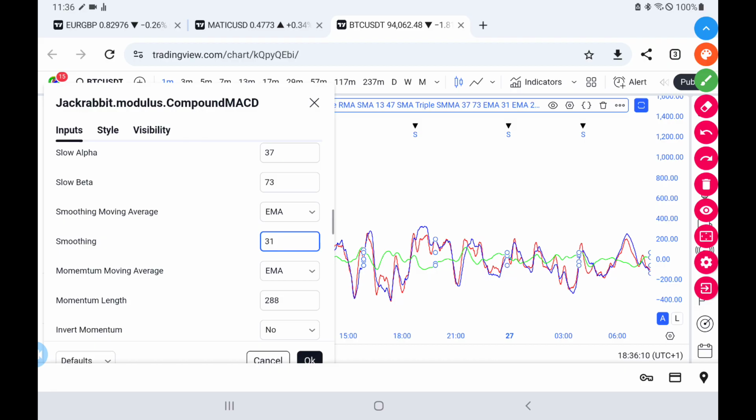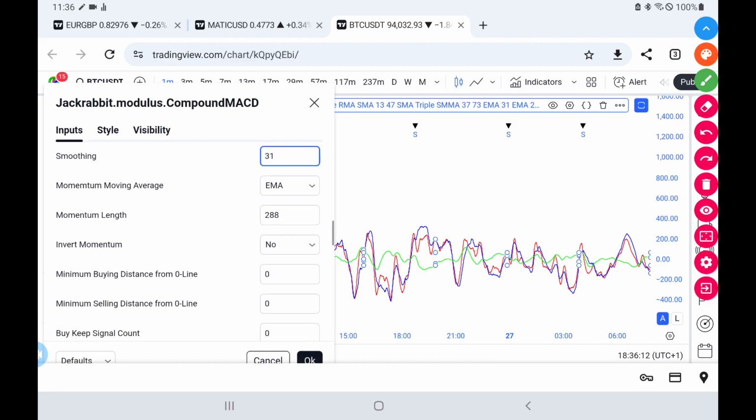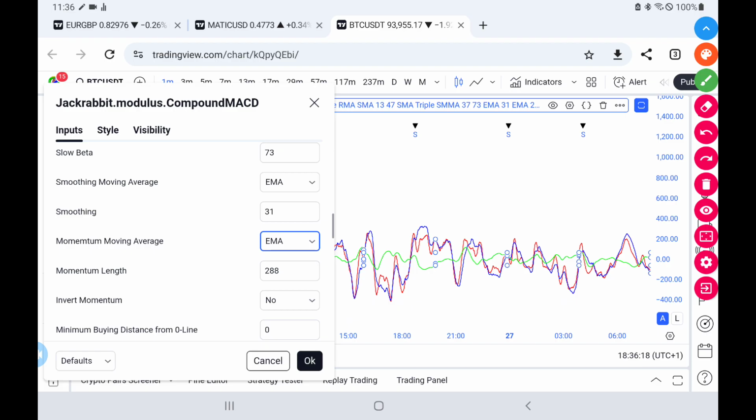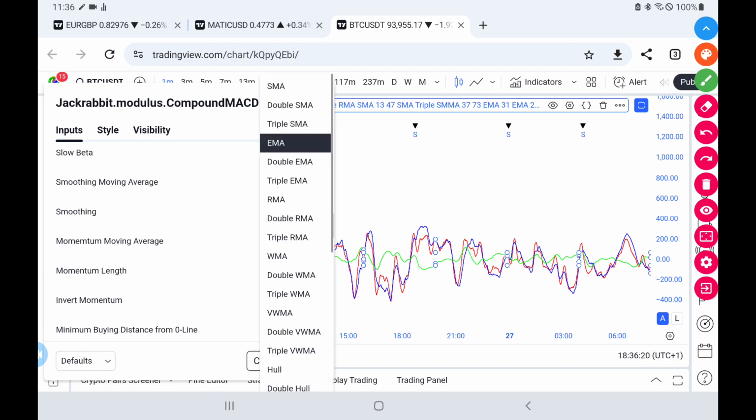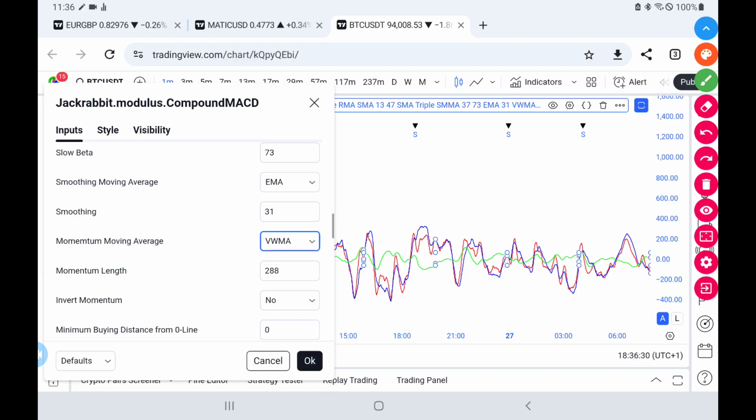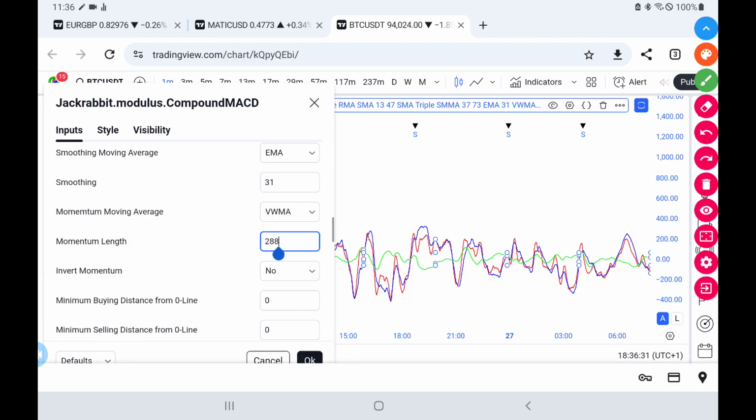And now we move to the momentum, which is currently an EMA at 288. Let's change this to a volume weighted moving average, and let's give it something a little smaller.